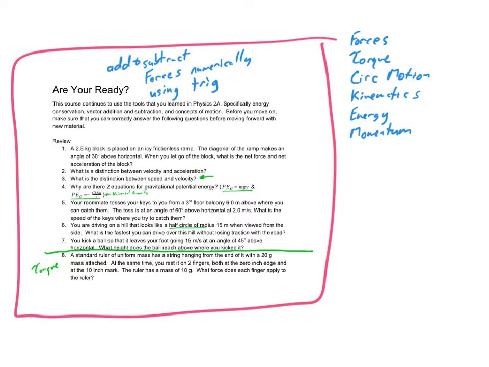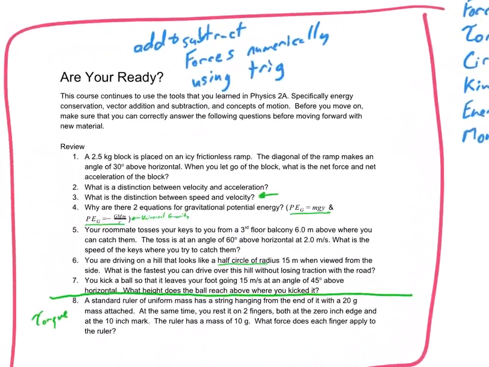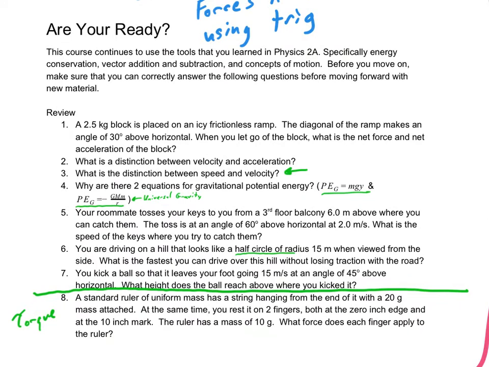Number 1. A 2.5 kilogram block is placed on an icy frictionless ramp. The diagonal of the ramp makes an angle of 30 degrees above horizontal. When you let go of the block, what is the net force and net acceleration of the block?